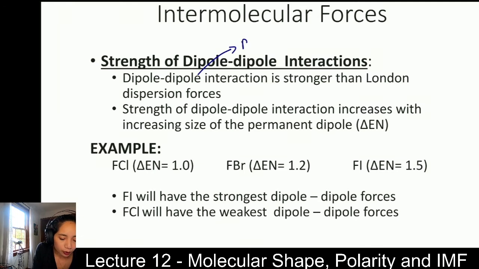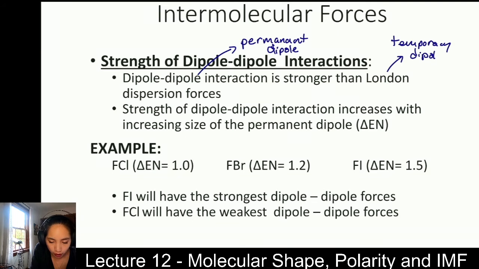Because dipole-dipole involves permanent dipoles of polar molecules, London dispersion involves only temporary dipoles. That dipole-dipole will be the stronger of the two, because the London dispersion dipoles only exist for a fraction of a second. All right.